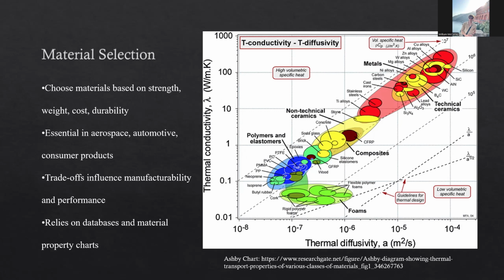Looking at this really important chart to the right, it's called an Ashby chart. It's great for looking at different materials and their properties and finding where we're going to find that sweet spot in our design process.